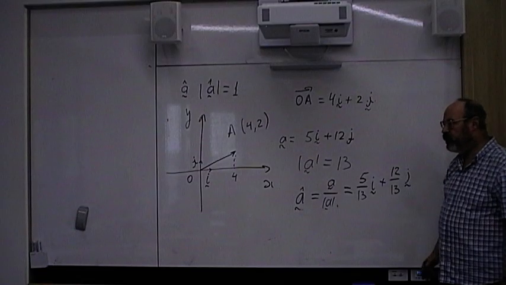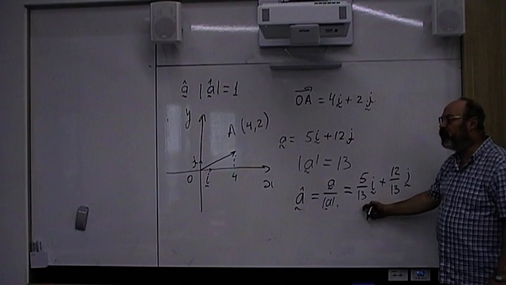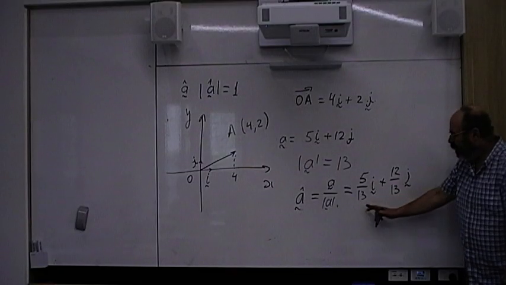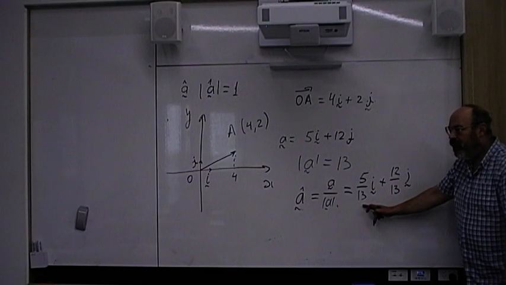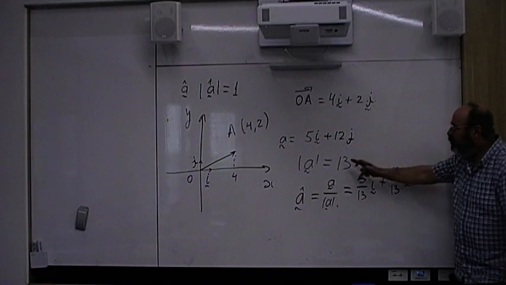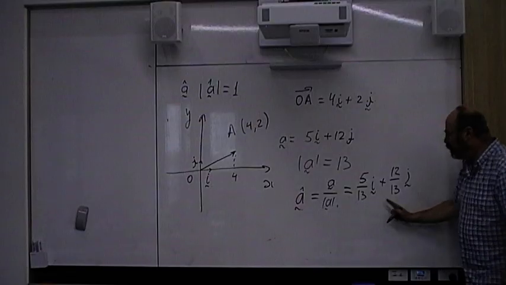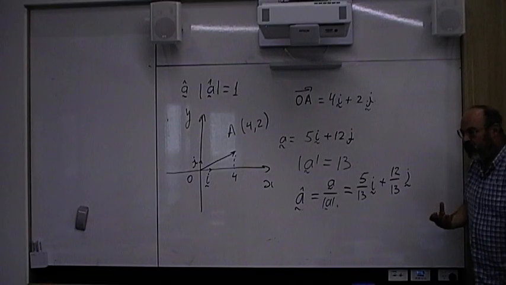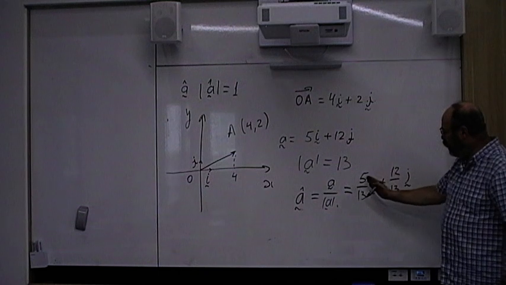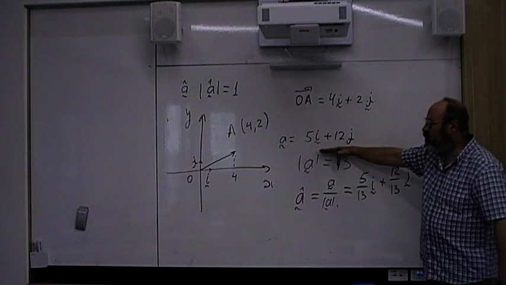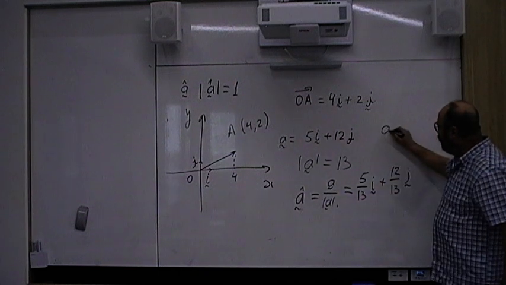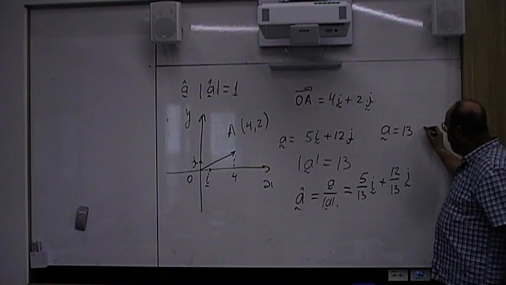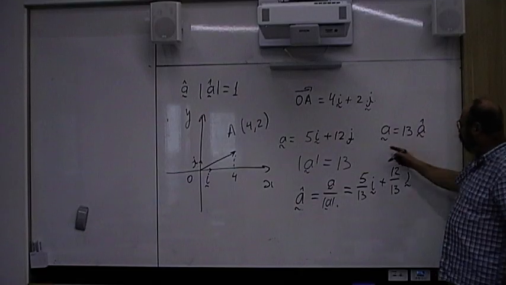How do you know to do that? Is it just a rule we got taught? It's not just a rule; we are meant to understand how it works. What will be the length of this vector? One. We want a vector of length 1, and this vector is parallel to A, because A equals 13 multiplied by this unit vector.